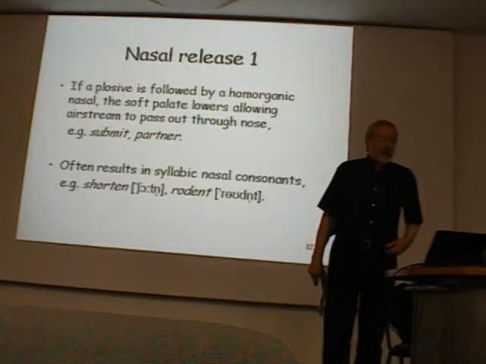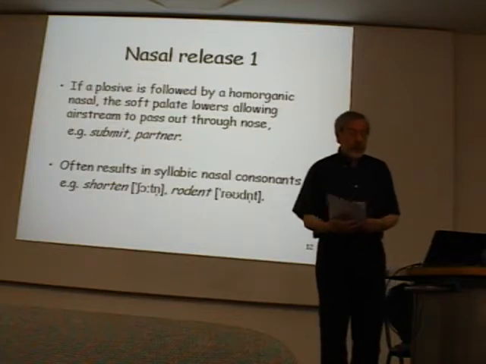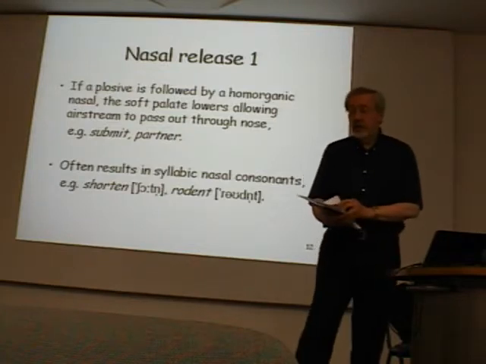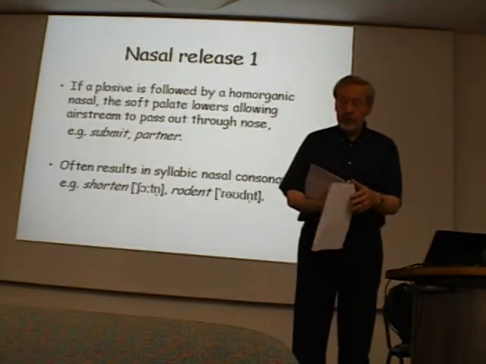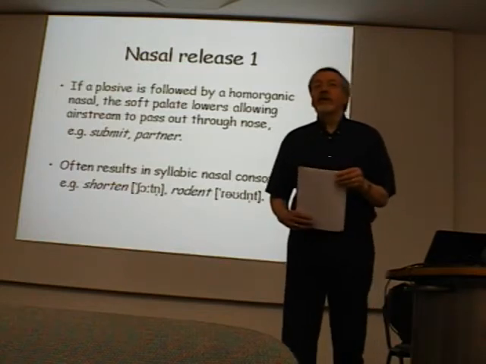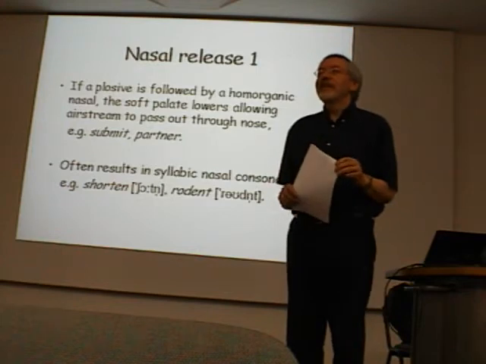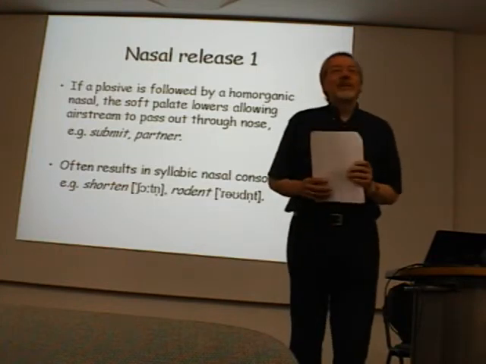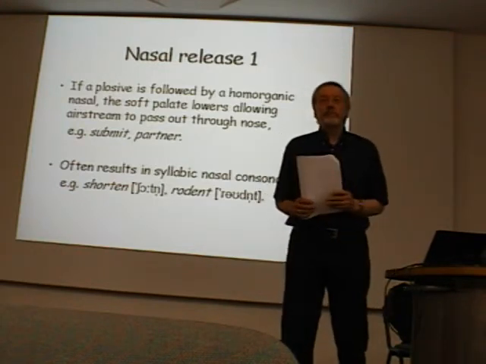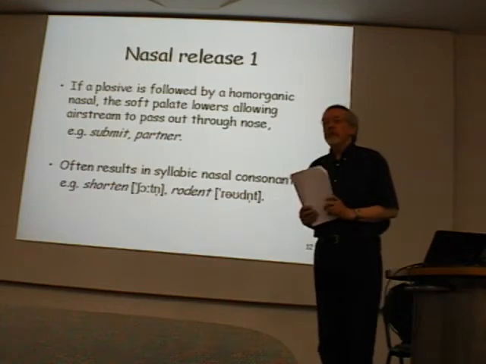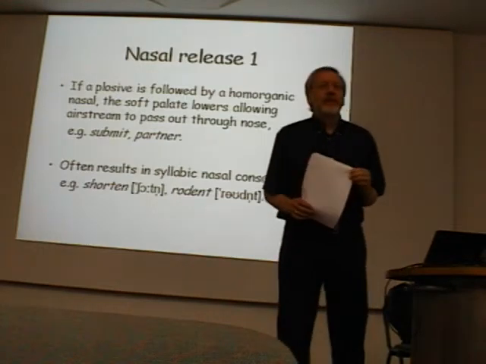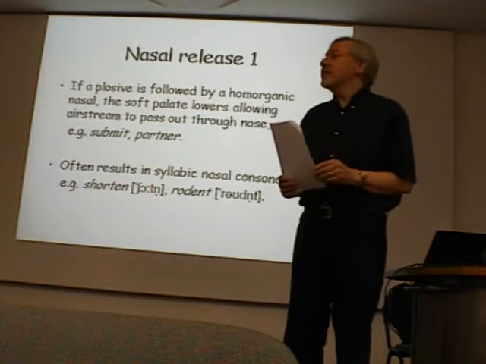I'm going to move on now to something which is, to my way of thinking, nowhere near as important as glottalization. I haven't put this on the handout, but it is here, as you see, on PowerPoint. And that's something which people used to make a tremendous fuss about, nasal release.